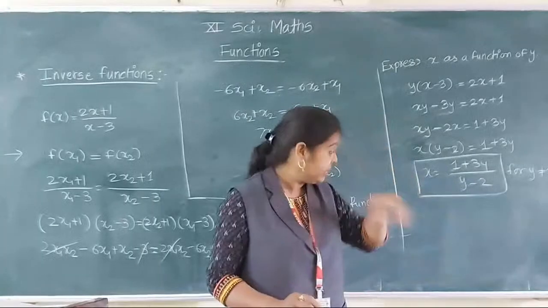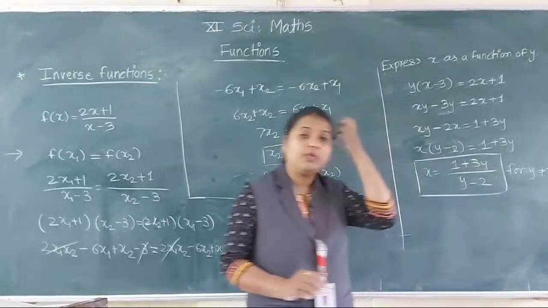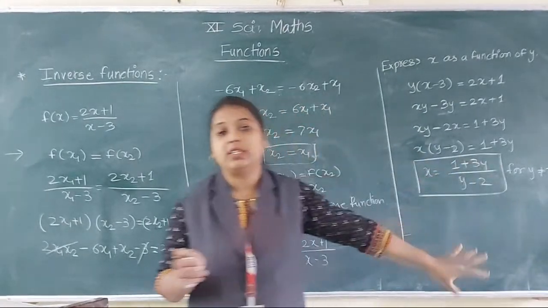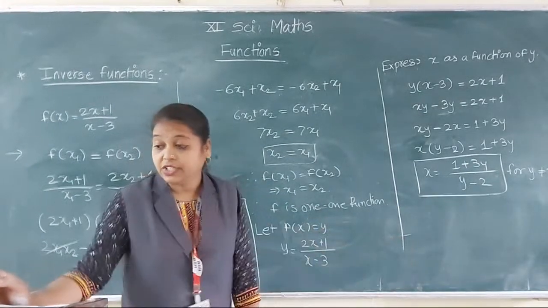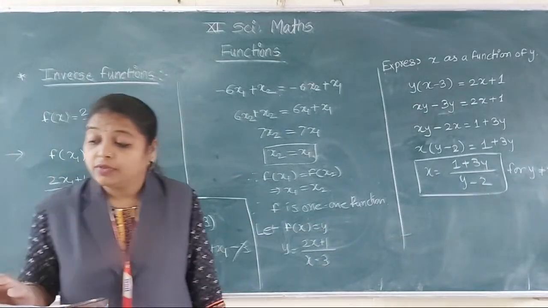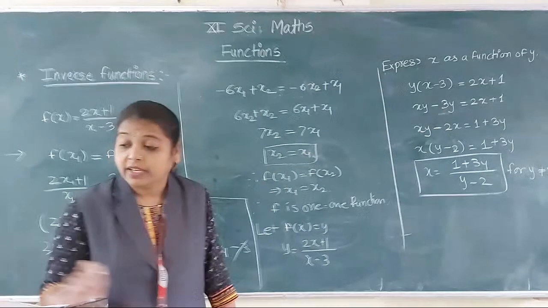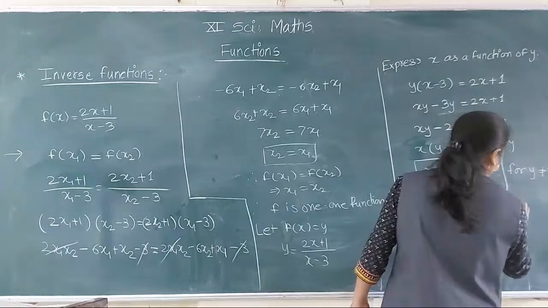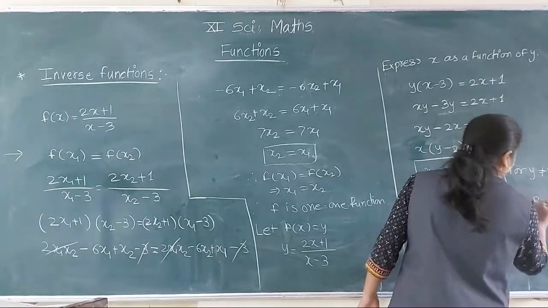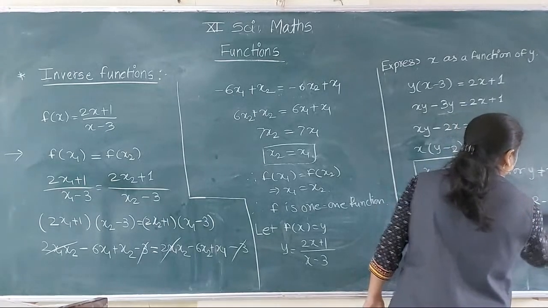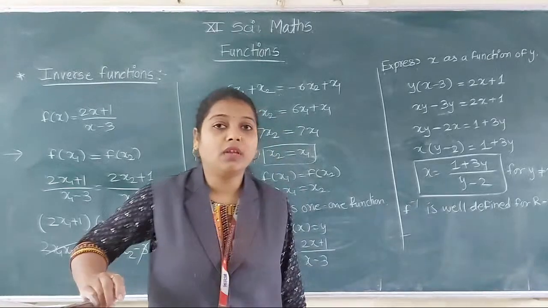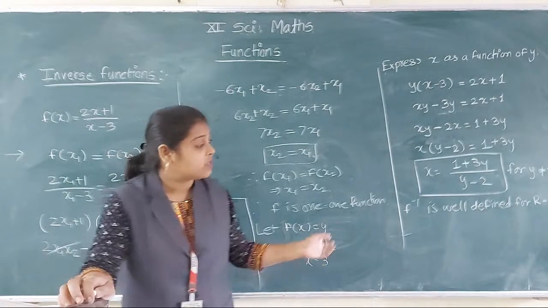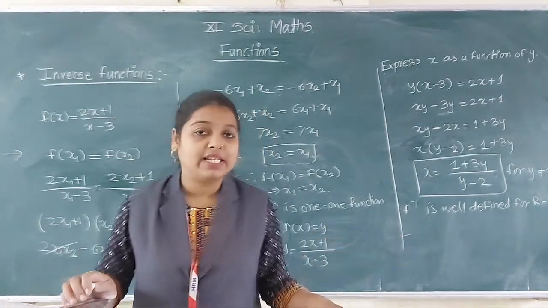So we are not taking that value. We eliminate that 2 from the range. So we write here that f inverse is well defined for R minus 2. Only that 2 has to be removed. So f inverse is well defined for R minus 2.